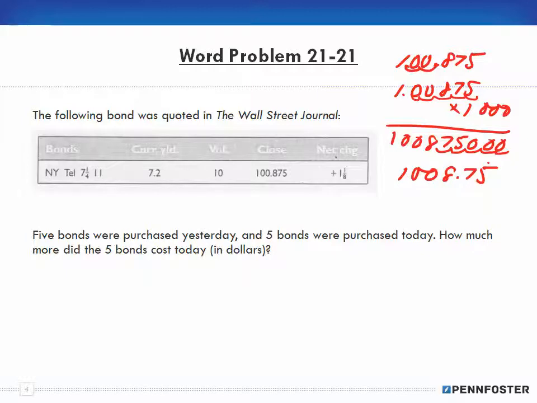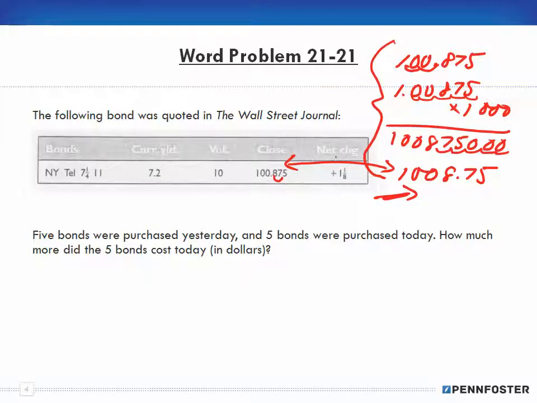Just a quick aside: you saw me do all of this math in order to get the value of the bond. If I look at the closing price, all I'm talking about is moving the decimal place one place. But I'm having you do the math until you see the correlation between the closing price and the actual price of the bond, to know how many decimal places to move.